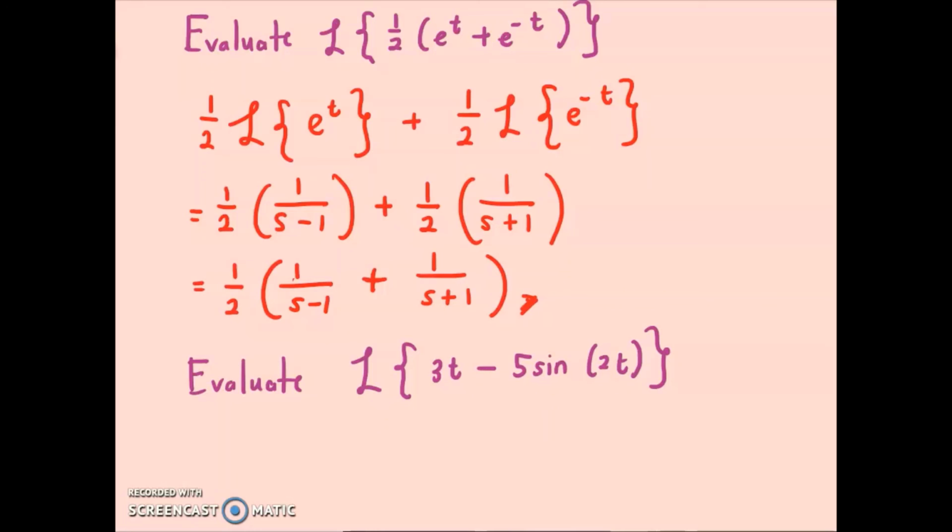You can use the table pretty easily to solve this, so I'll put it as homework for you. If you have a constant, you can bring the constant outside the Laplace symbol and then refer to the Laplace table. You can also use the integral definition if you want, it's just going to be a long working.